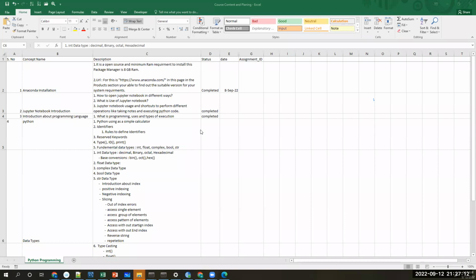And tomorrow our target is to see the concepts in that particular thing up to the slicing part in the strings, the things which I mentioned here.